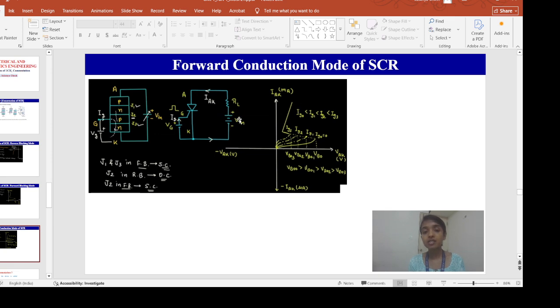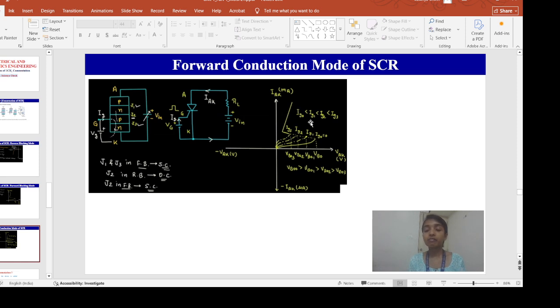Okay, now there is another current called holding current. If you decrease this V in, what will happen? This anode to cathode current through the SCR will start decreasing. The minimum current till which it stays turned on, after which it goes from the forward conduction mode to the forward blocking mode, is called the holding current, represented as IH, and its range is 8 to 10 milliamps.